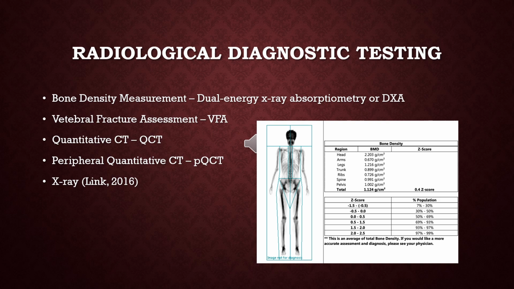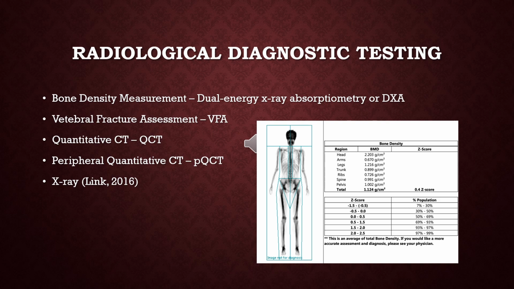Results are then reported as T-scores, which compares the patient scan to that of a healthy young adult, and a Z-score, which compares their scan to an age-matched peer.